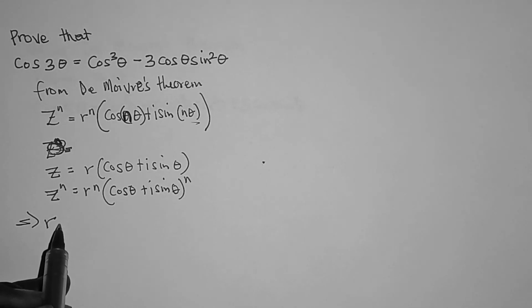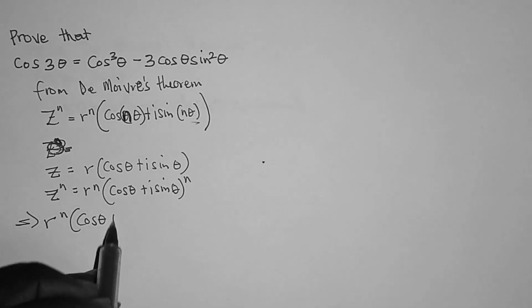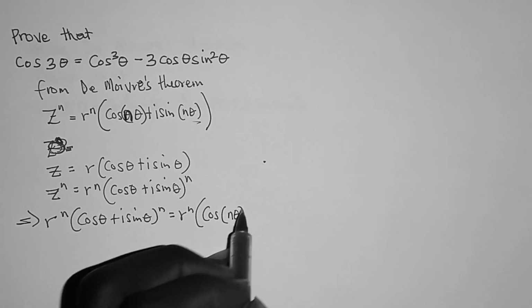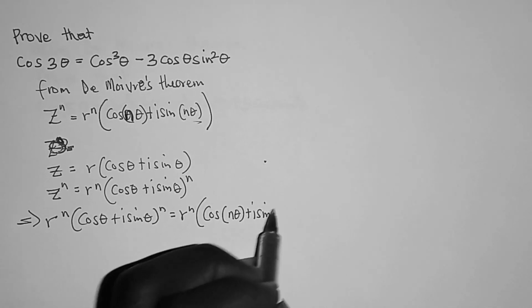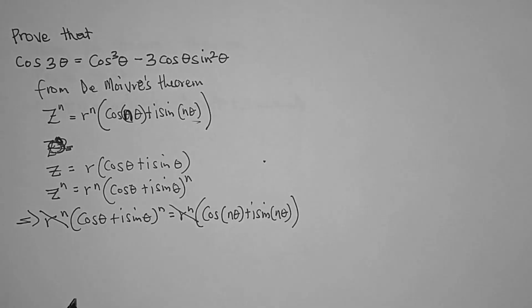So let's equate this z to the n to this z to the n. This implies that r to the n times (cos theta plus i sine theta) to the n is equal to r to the n times (cos n theta plus i sine n theta). So this r to the n and r to the n can cancel.